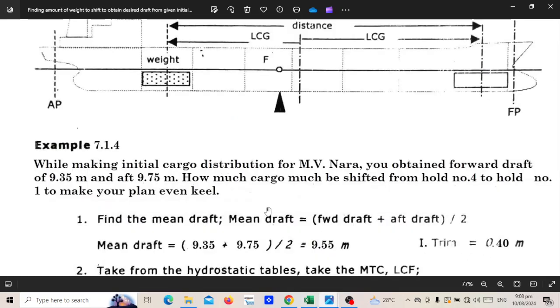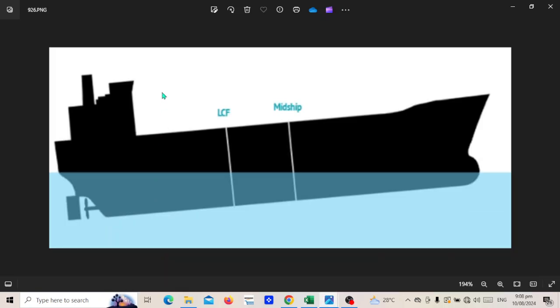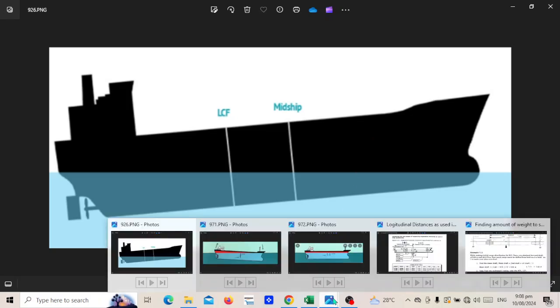Okay, go back. How much cargo must be shifted from hold number 4 to hold number 1 to make your ship even keel? So the problem says, how much weight are we going to take out of hold number 4 and ship to hold number 1 so that the vessel will be upright or even keel.